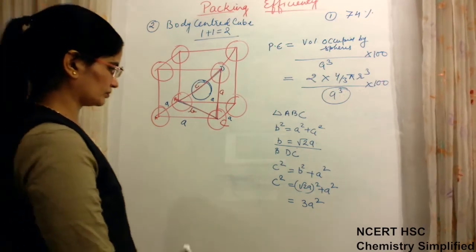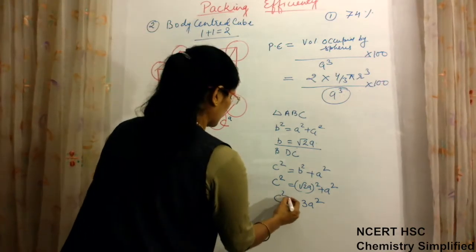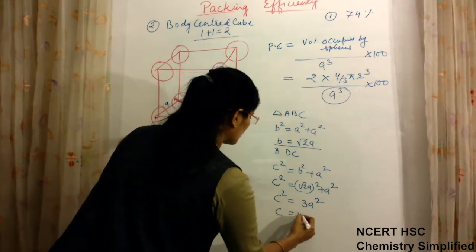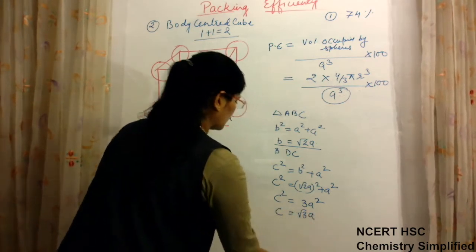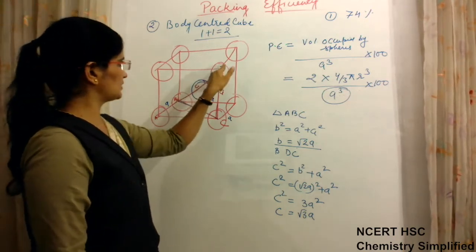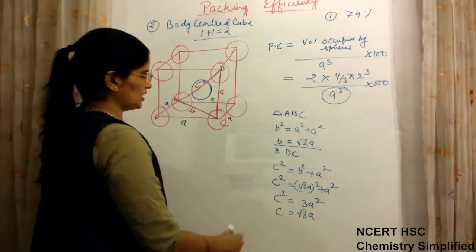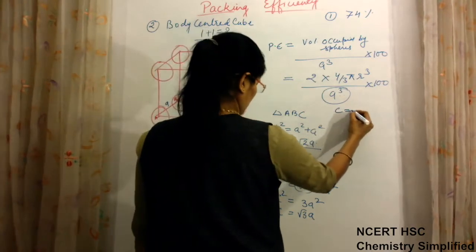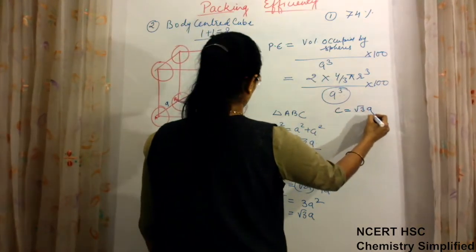So C square is 3A square and C will be equal to root 3 A. So we obtained the value of this C. C is equal to root 3 A. So one equation is C is root 3 A.